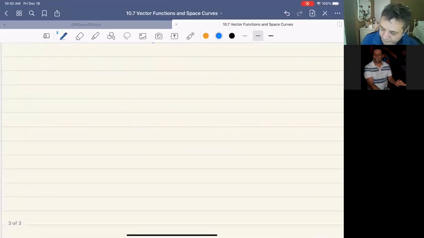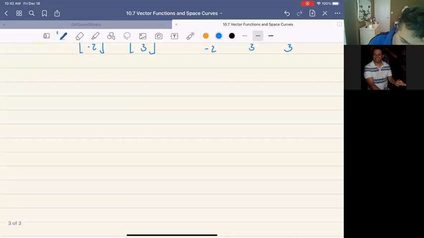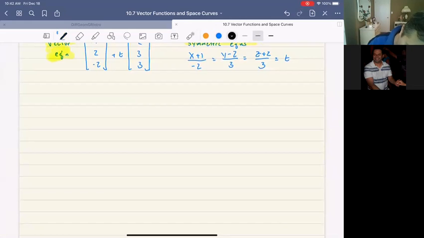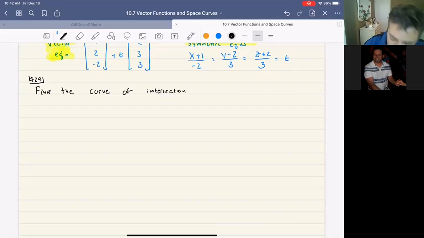All right. Next problem. Find the curve of intersection as a vector function.